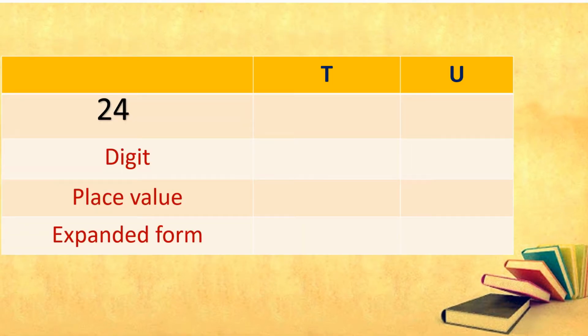Let us understand the expanded form of the given number 24. In number 24, digit 2 is on tens place and digit 4 is in ones place.